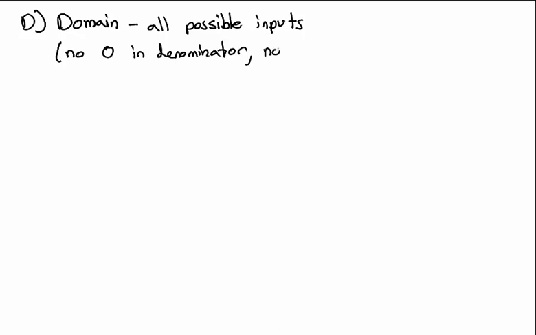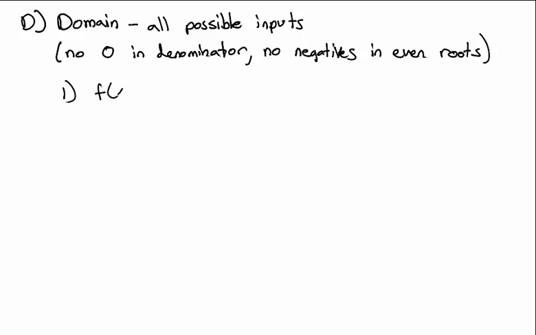We also know there are no negatives in our even roots. Those both will make those functions undefined because we can't divide by 0, and we can't take the square root of a negative number. Those make things undefined.